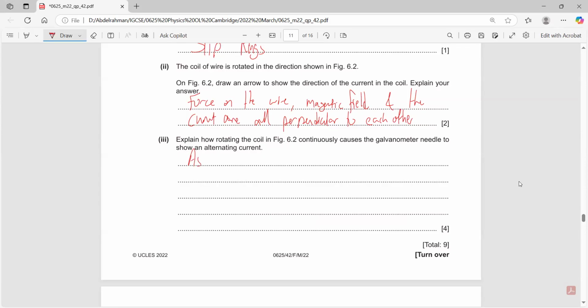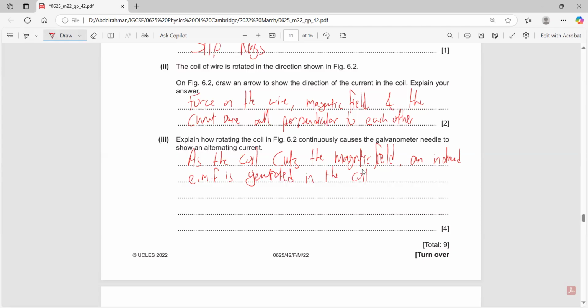So, as the coil cuts the magnetic field, an alternating current and an induced EMF is created or generated in the coil.